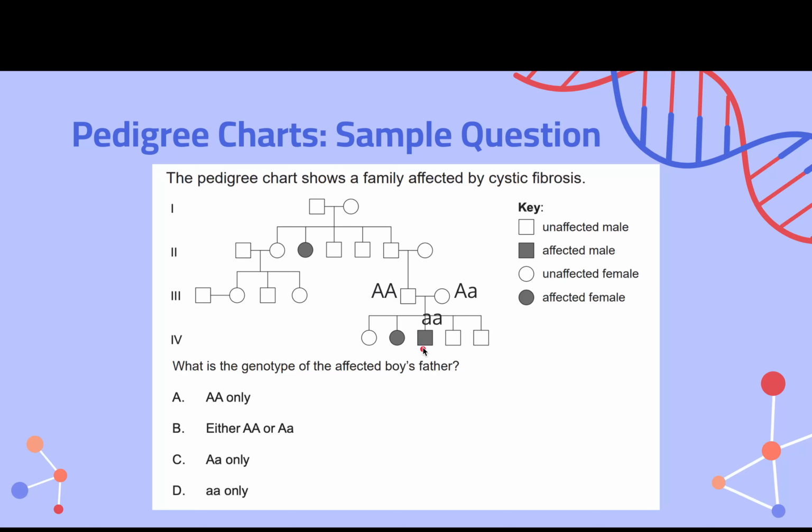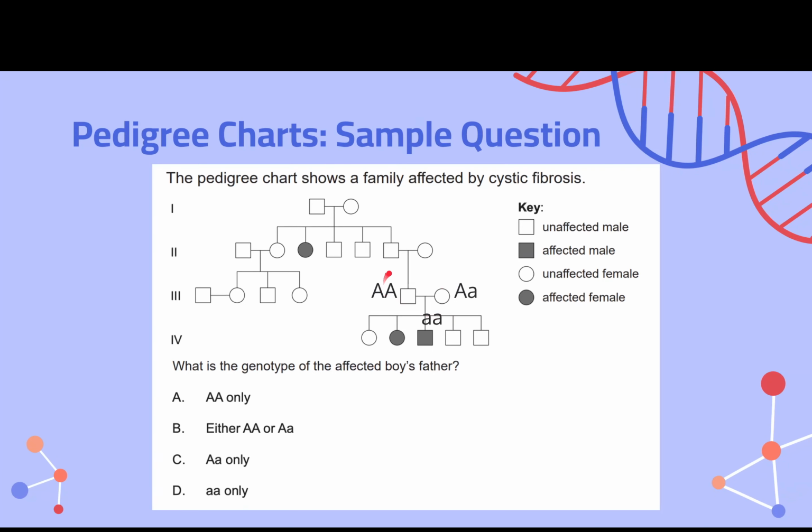Now, when we track back, we know that for the boy to have a homozygous recessive pair, both of the parents will have to have at least one recessive allele.